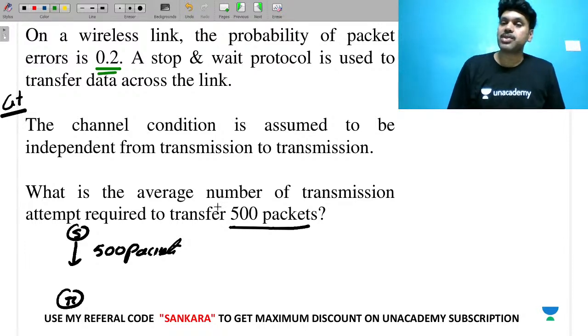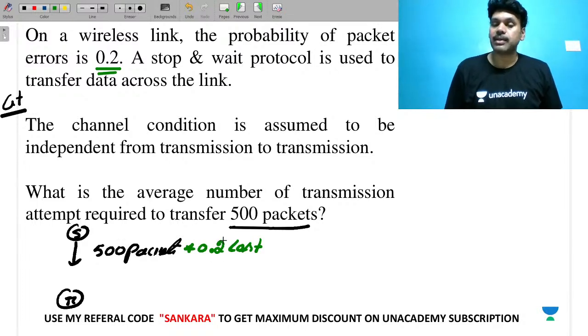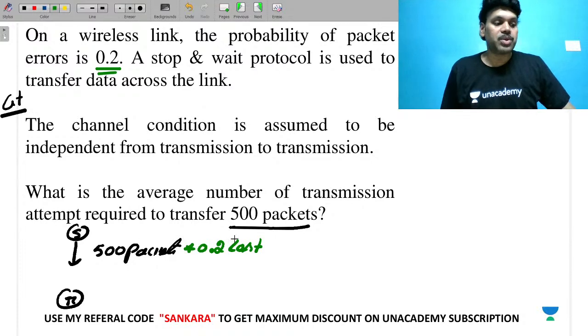How much is lost? The error rate is 0.2. So 0.2 on your 500 is 100.